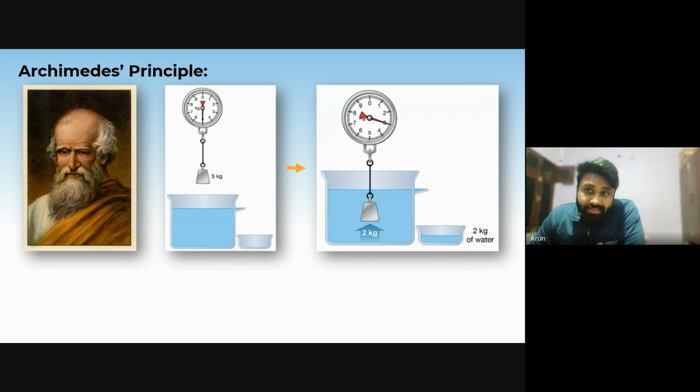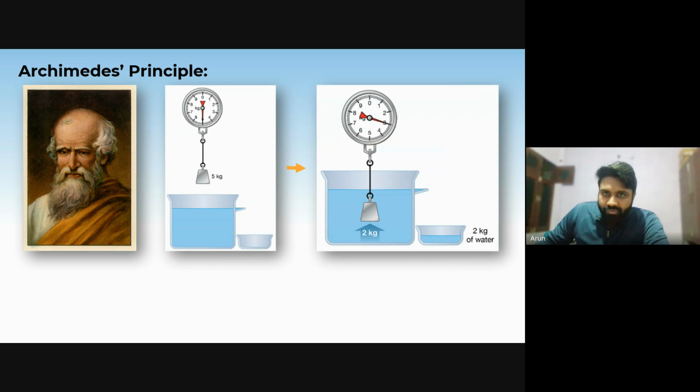Let's say the apparent weight of this object is 3 kg. So it will displace the same amount of water outside of it. Okay. You will see in the dial it is showing 3 kg, and the displaced water will become 2 kg. Got it?